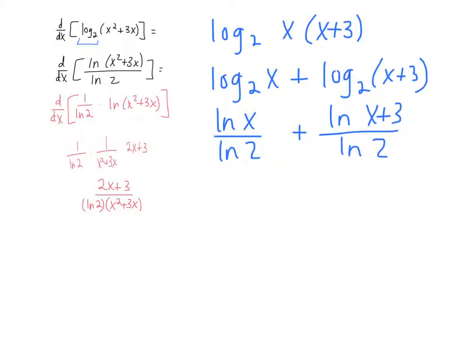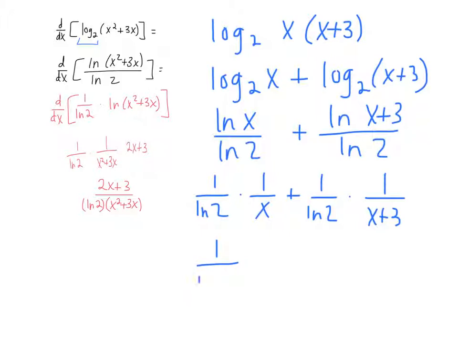So this first one is going to be 1 over natural log of 2 times 1 over x, because that's the derivative of natural log of x, plus 1 over natural log of 2 times 1 over x plus 3. And then if I factor, I get 1 over natural log of 2 times 1 over x plus 1 over x plus 3.